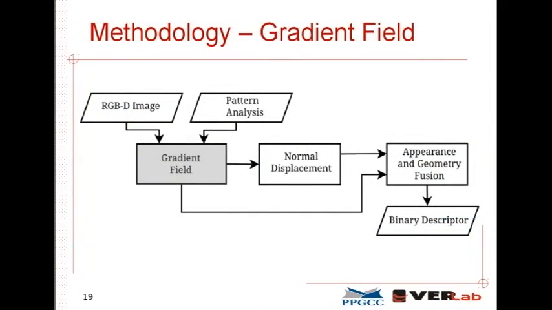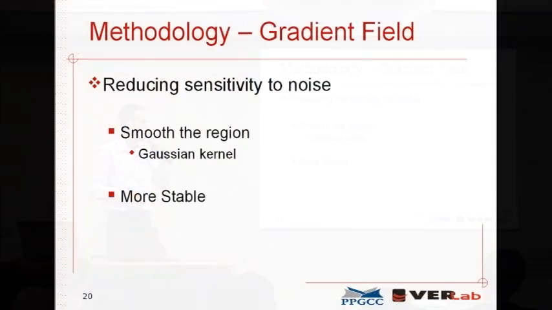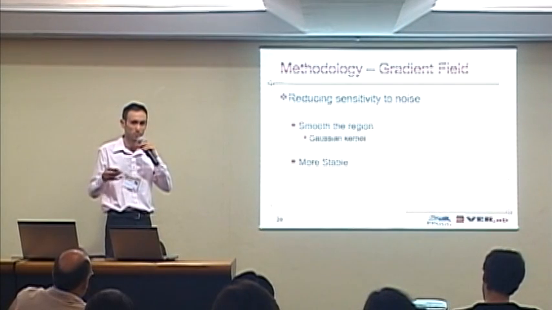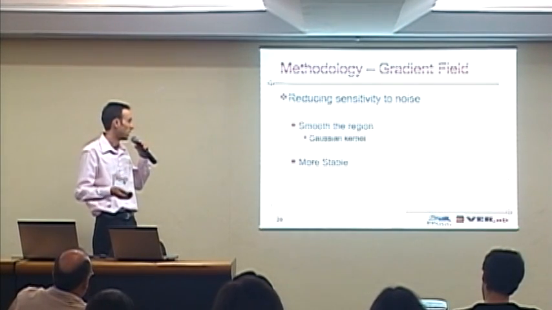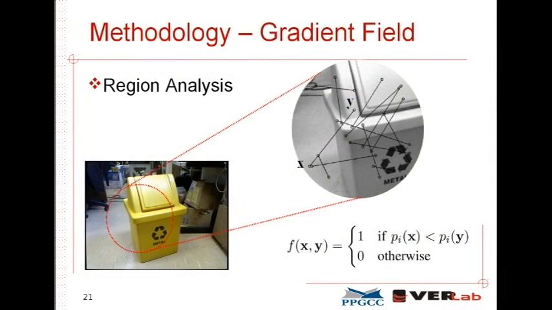The first step of our methodology is to compute the gradient field. Before computing the gradient field, we smooth the region using a Gaussian kernel to reduce the sensitivity of our analysis. Then we make a regional analysis selecting pairs of pixels.